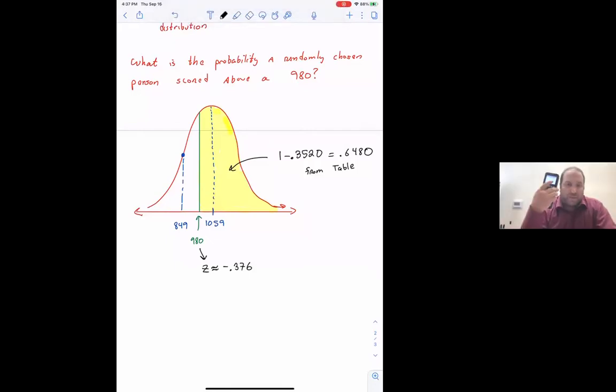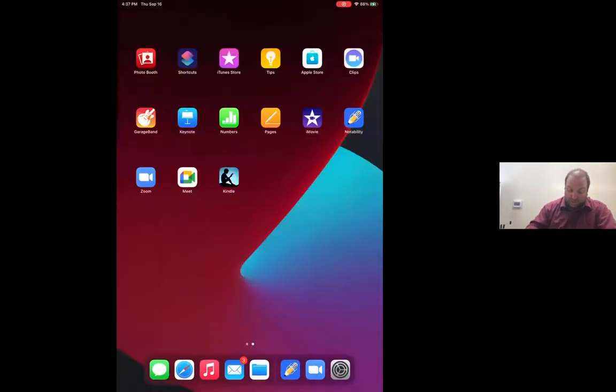Of course, having a calculator do it for you is a lot better than looking it up yourself, right? So from the calculator, we got 0.6466 approximately, which is slightly better than what we got from the table. Do you agree? It's a little more accurate.